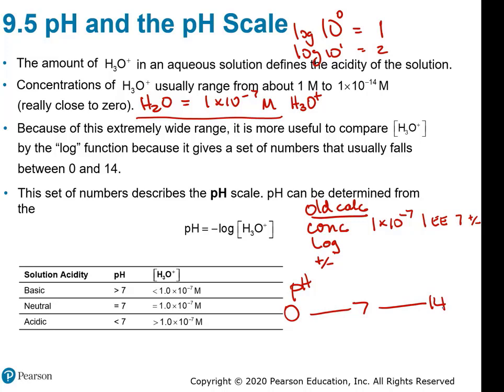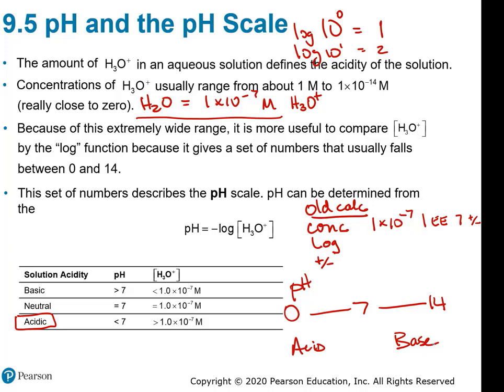Anything below 7 is an acid. Acids are pHs below 7. Bases are pHs that are above 7. So an acid has more hydrogen ions than hydroxide ions, so its concentration is going to be somewhere between 1 times 10 to the minus 0 to 1 times 10 to the minus 6.